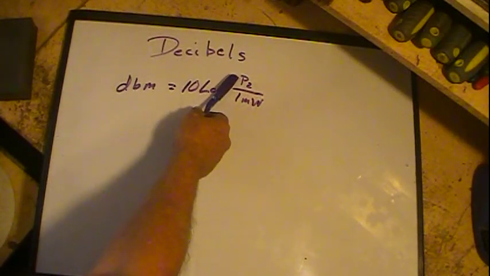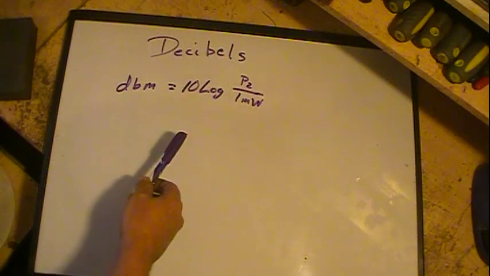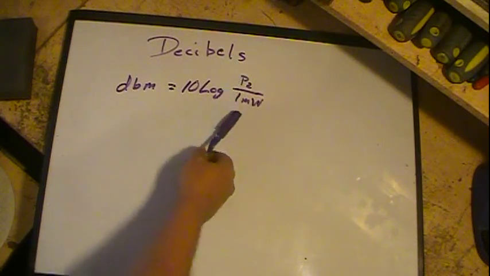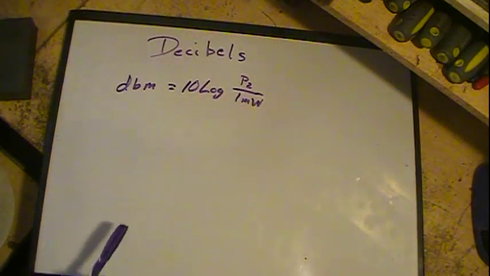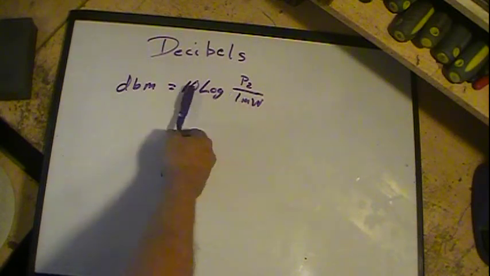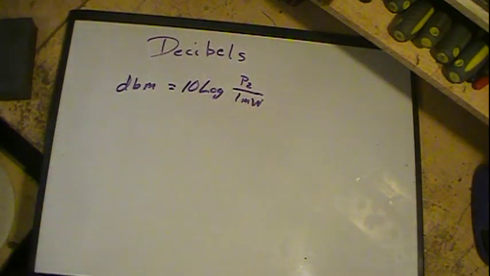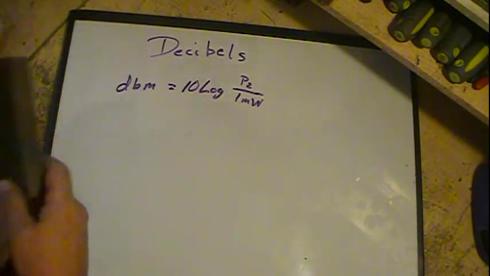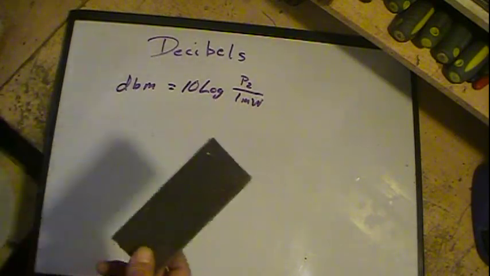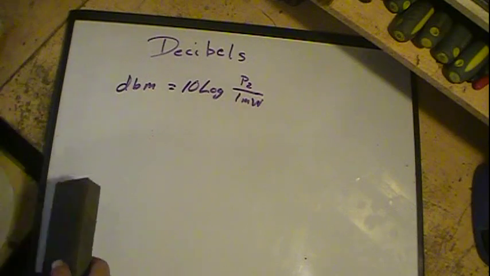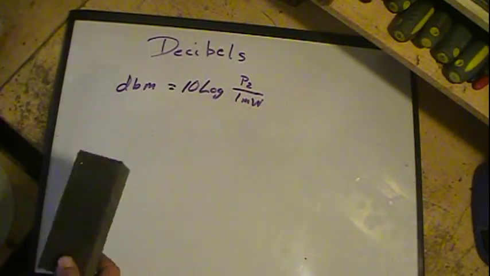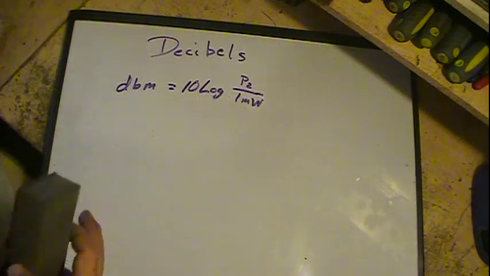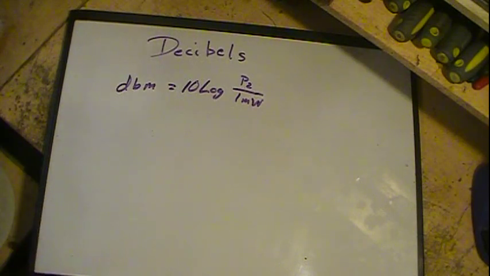So whatever wattage is here, whatever output, whether it's in milliwatts, watts, whatever, do the simple math of this ratio, this division, and then take the log of that times 10 and you get your dBm. So you'll see numbers where they'll tell you it's 30 dBm or 10 dBm, or minus 10 dBm or whatever. That's what they're talking about. The M stands for 1 milliwatt, and that gives you a standard on it.